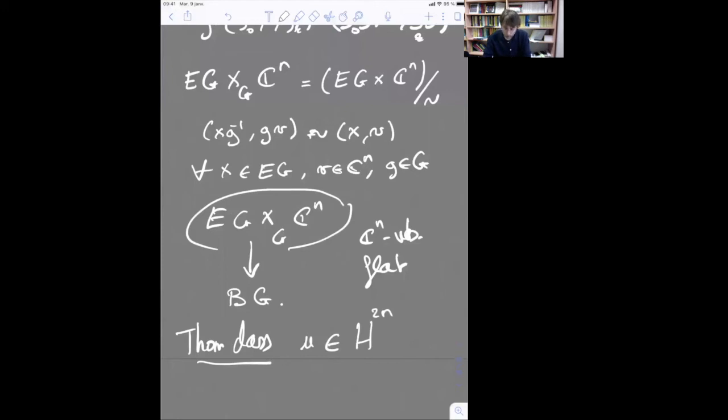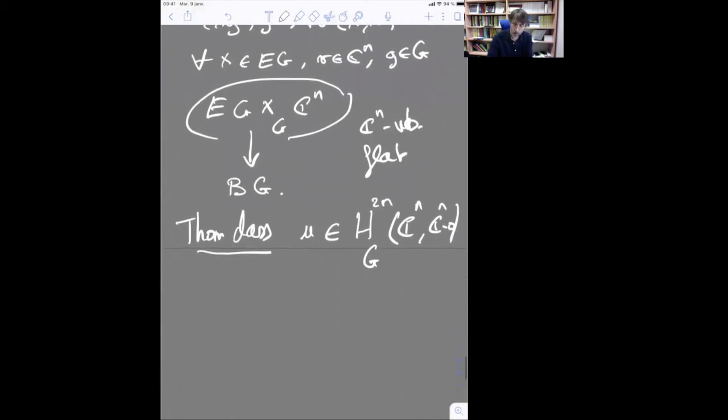So it's a G-equivariant class of Cn relative to Cn minus 0. And we have the same long exact sequence, which now writes like that.